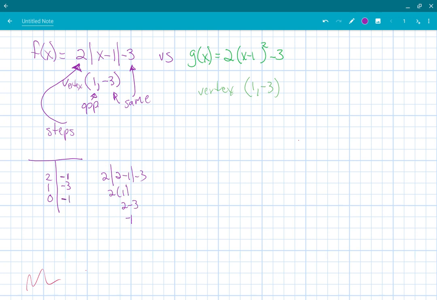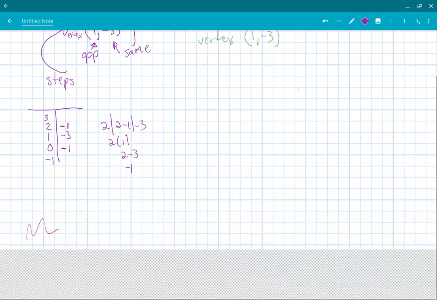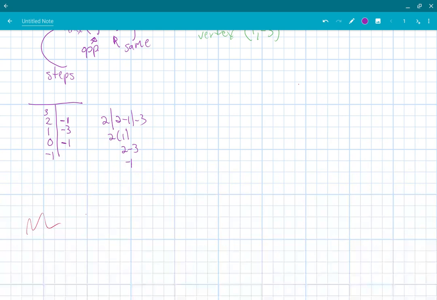And let's do another one, 3 or negative 1. What's easier to plug in, 3 minus 1 or negative 1 minus 1?